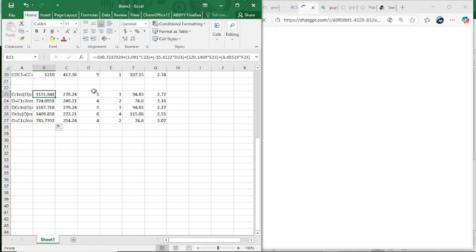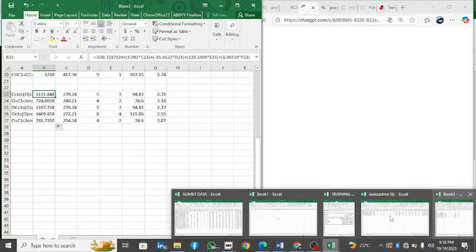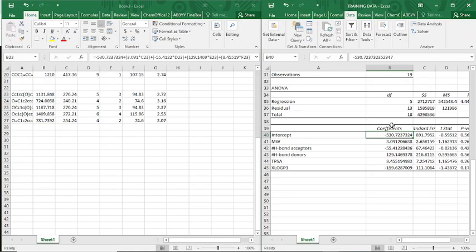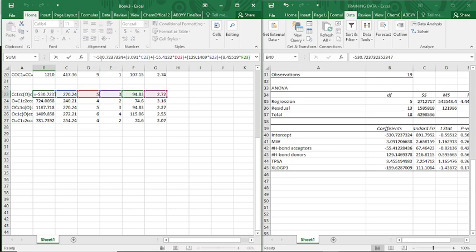So the equation was y equal to B0. And what's your B0? B0 is the coefficient of the intercept. We want to get y, which is the output, so y is equal to B0. You type the value, minus 530.722 whatever. Then plus.